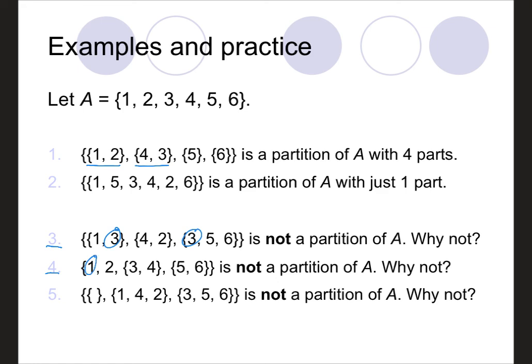So it has to be subsets of A to be a partition, and 1 by itself is not a subset. And in 5, we have the empty set. And actually that was kind of a tricky little thing. In number 5, that wouldn't be a partition. If we just delete that one, then what we're left with would be a partition.